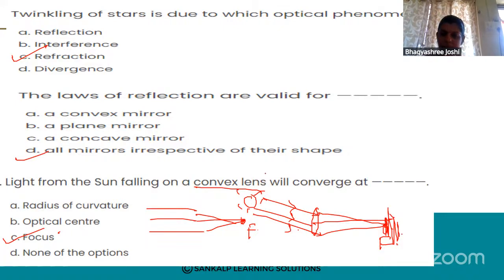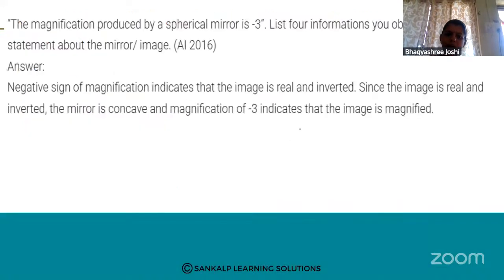Focus F, right? Next, the magnification produced by a spherical mirror is -3. List 4 pieces of information you obtain from this statement about the mirror or image. The negative sign of magnification indicates that the image is real and inverted.